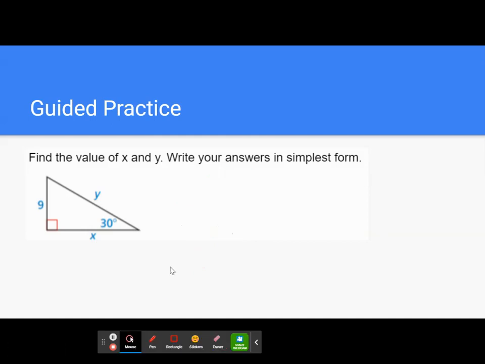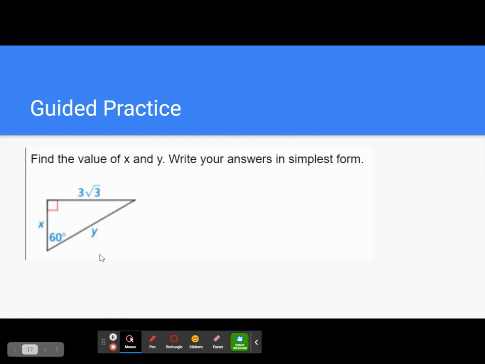First thing you need to do is fill in the missing numbers. X, Y, and 3 square roots of 3. This is really hard.